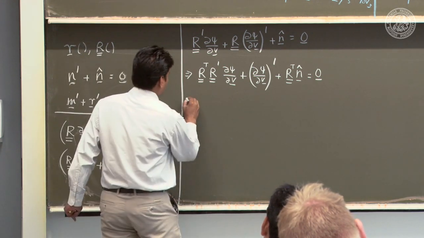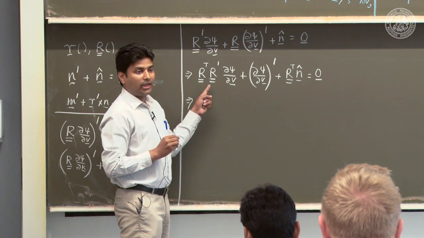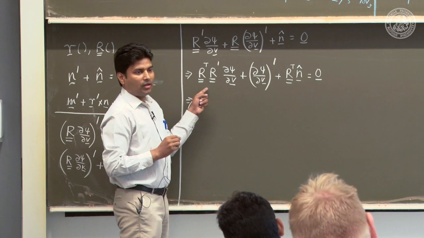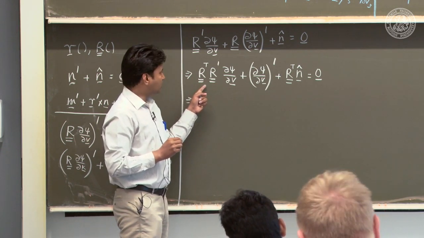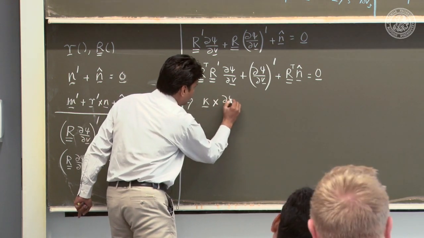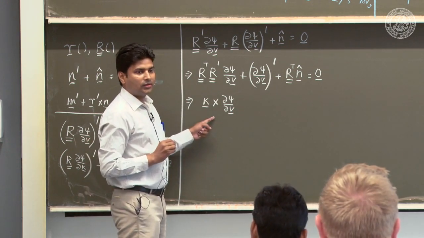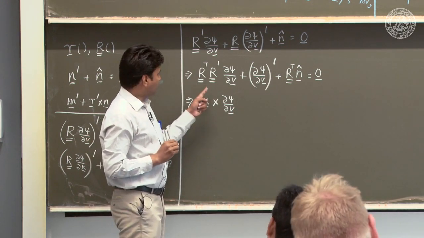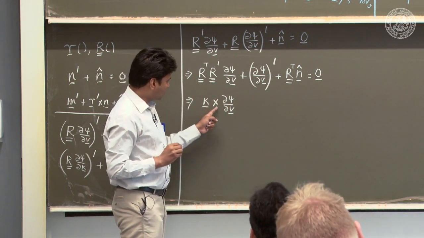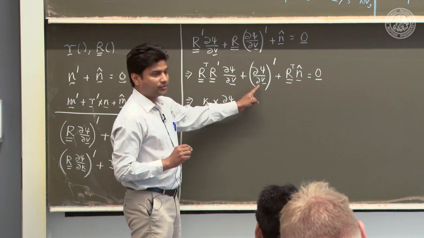And what is big R transpose big R prime? That's your skew symmetric K. And since it's skew symmetric, big K times del psi over del V is the same as little k cross del psi over del V, plus this thing.